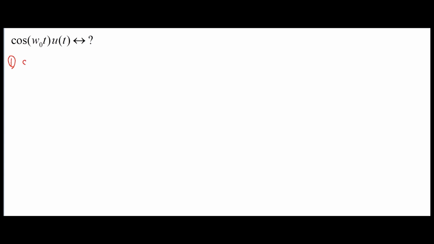The first point is that cosine omega 0 t can be written as 1/2 times e to the power of j omega 0 t plus 1/2 times e to the power of minus j omega 0 t.